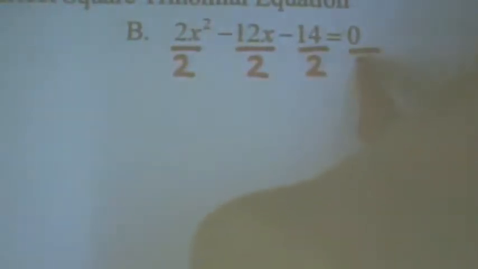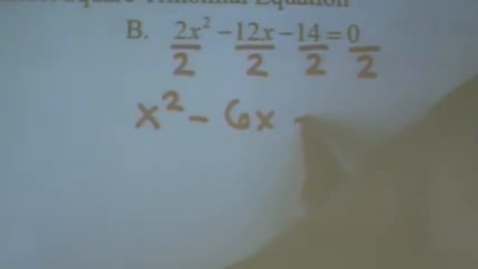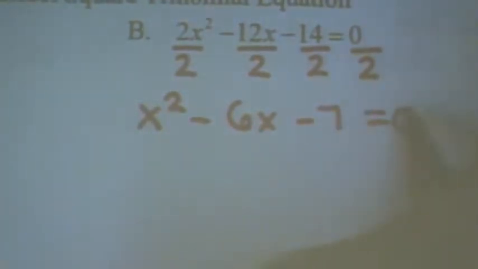Does B have a 1 in front of x squared? No. So what would you do before you complete the square? You would divide everything by 2. So you get x squared minus 6x minus 7 equals 0.